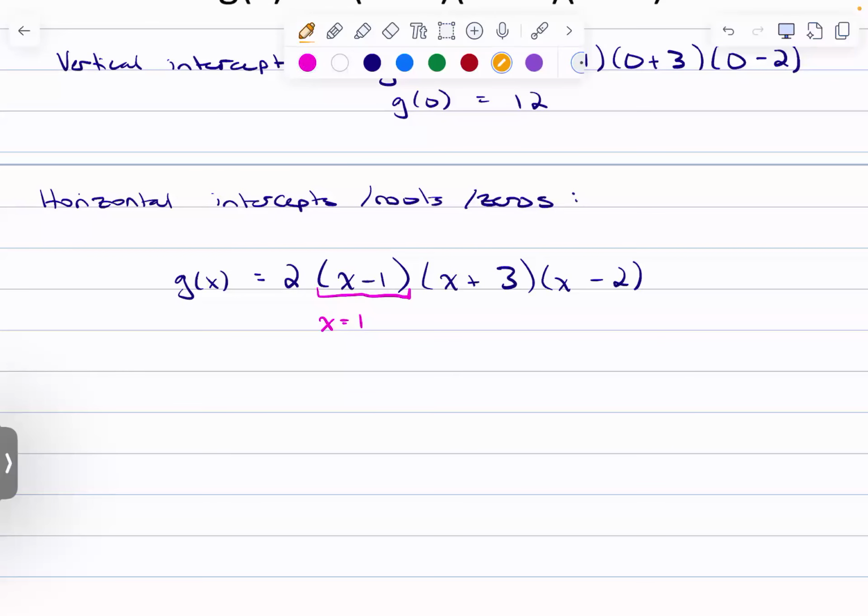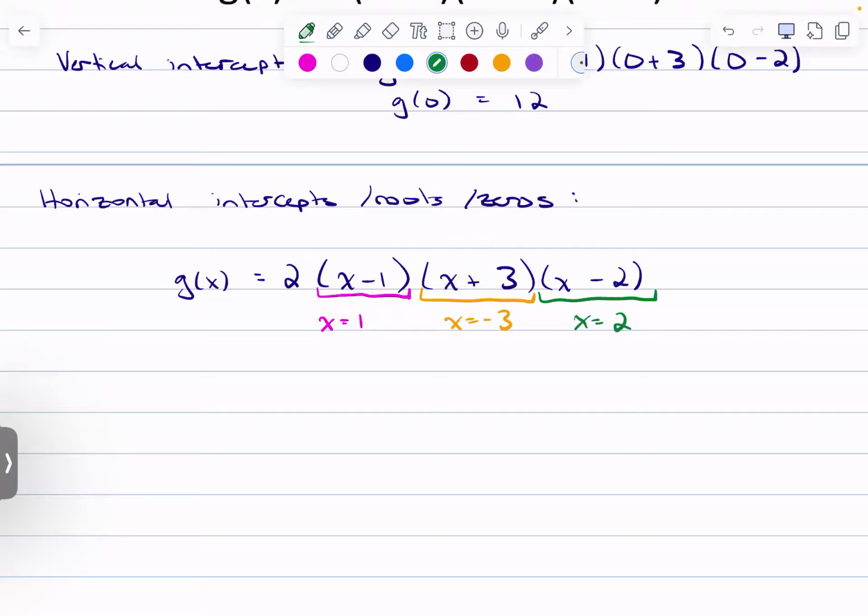Or, and new color, who dis? X equals 2. So you can move through and force each component to be 0, right?